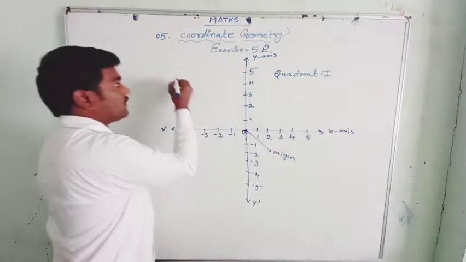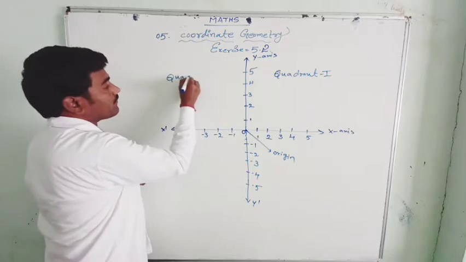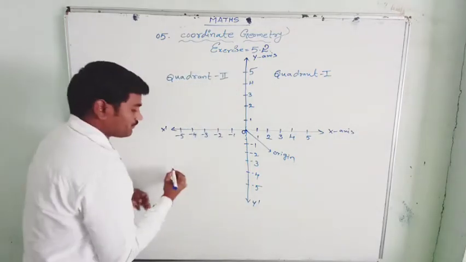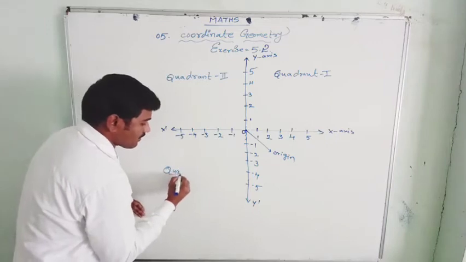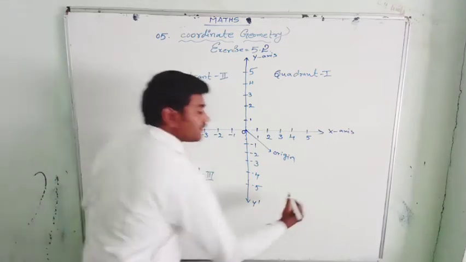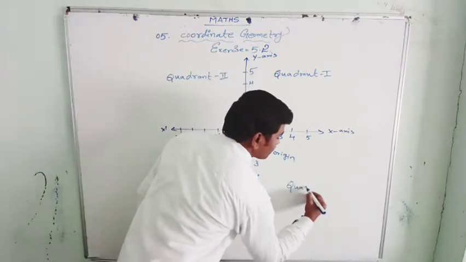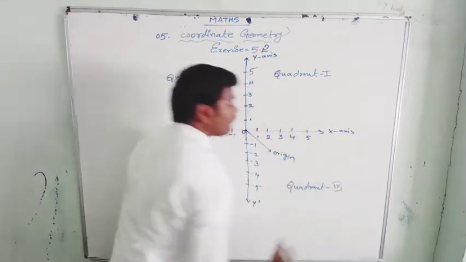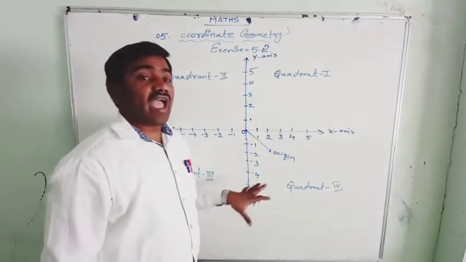Quadrant number 1. This is quadrant number 2, quadrant number 3, and the last one, quadrant number 4. So we have 4 quadrants.